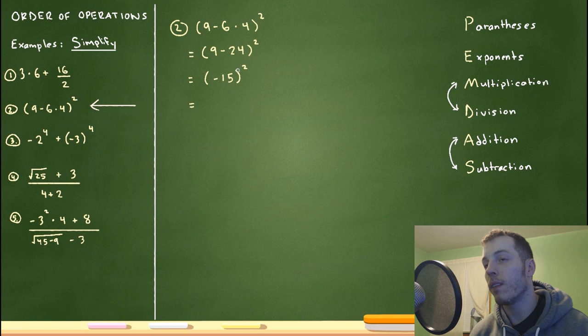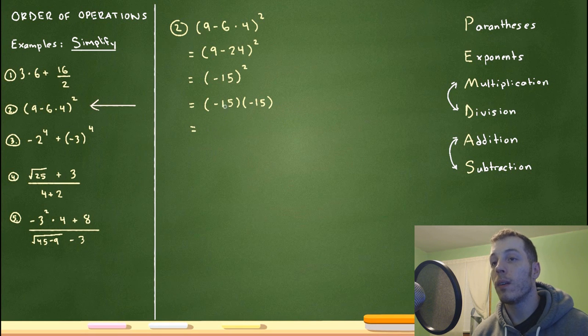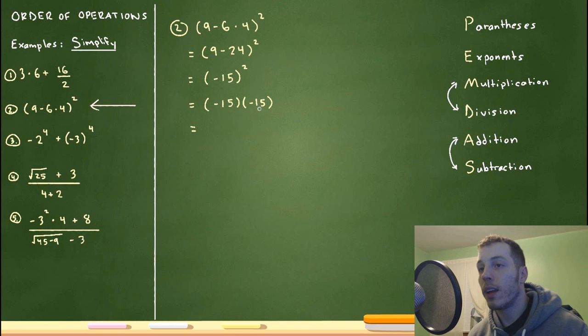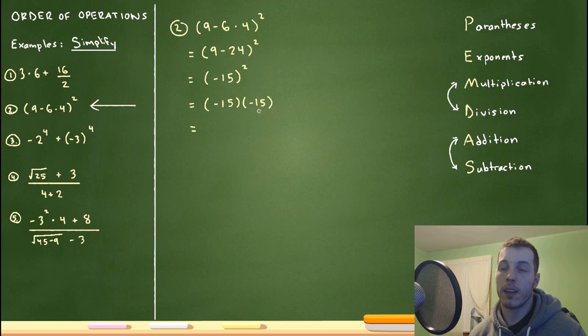So here we have negative 15 squared. So think about what squaring something means. That's negative 15 times itself, right? Negative 15 times negative 15. And that's equal to, well, we have a negative times a negative, so that's going to be a positive.